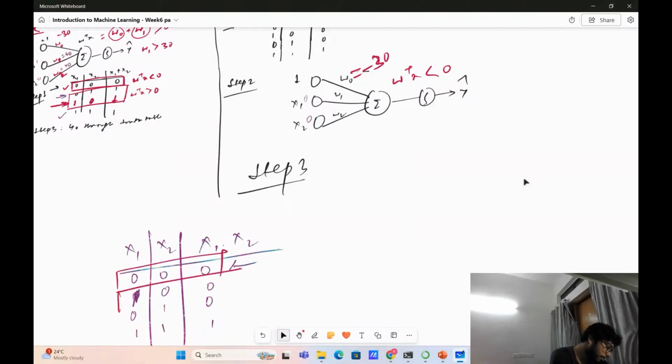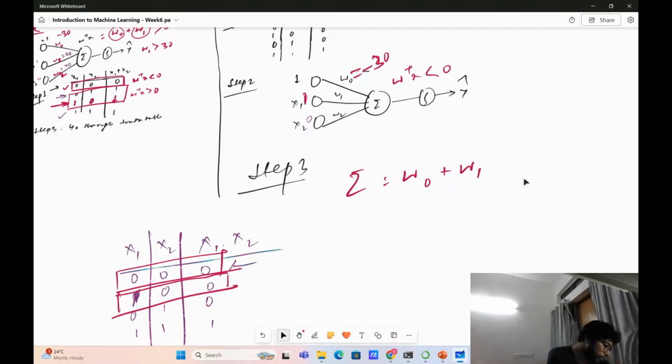Now coming to the second row. So if x1 is 1 and x2 is 0, what is the summation? My summation would be W naught plus W1 x1 plus W2 x2. x2 is 0, so W2 x2 is 0.